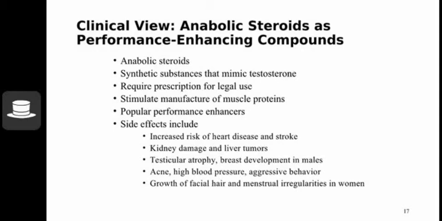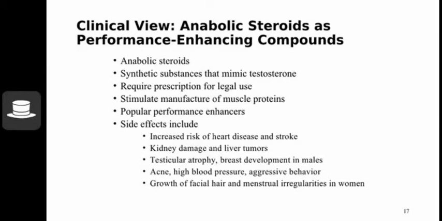Now, if you want to get big muscles fast, you can always juice with some anabolic steroids. They're going to mimic testosterone, and they're going to increase the production of the actin and the myosin, but they can have some pretty bad side effects. The increased risk of heart disease and stroke goes up dramatically.